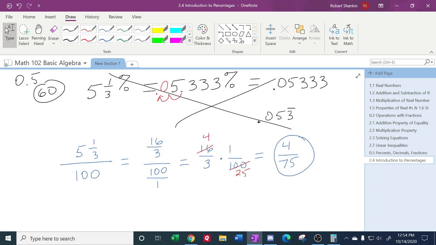Oh, okay. I wouldn't punch in the whole thing. I would just punch in the 1/3. Do 1 divided by 3, and it gives you 0.3333. And then you do 5 point, and then 3333, like that. Okay. All right, good question. Thanks.